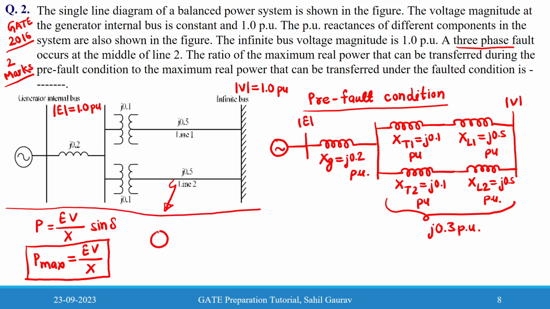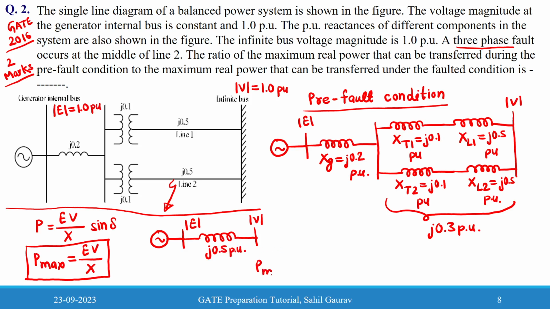So we can make the equivalent diagram for the pre-fault condition, and this is j0.5 per unit.